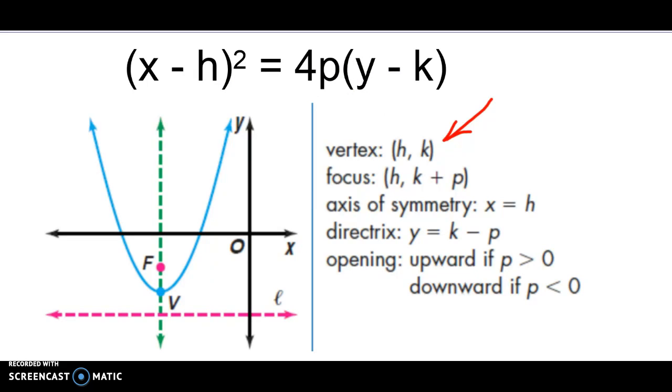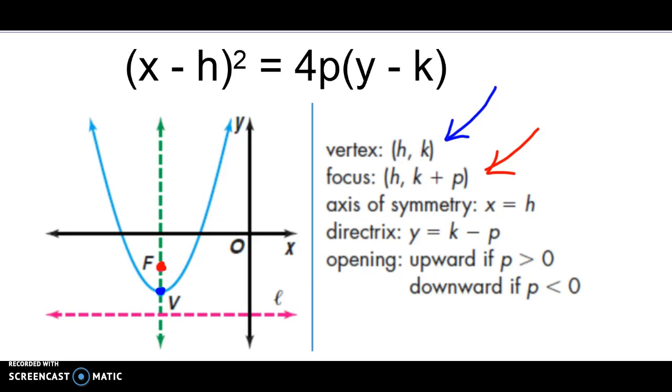And then our focus, we still have a focus, and I'm going to color code it red so you can see the focus is red. And let me put my vertex as blue since they have it blue on the picture. And the focus is red.